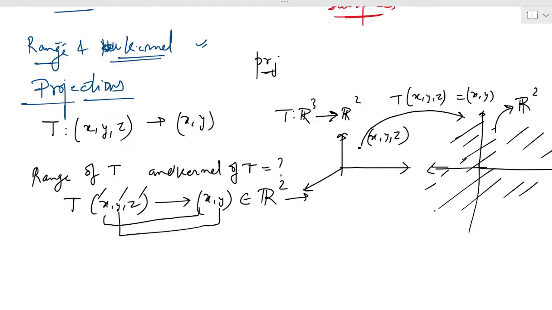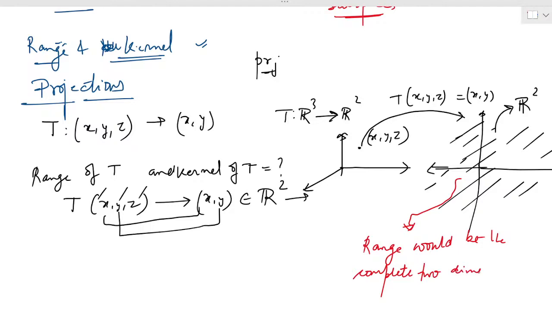So this is my range. The range of this transformation would be the complete two-dimensional Cartesian plane.